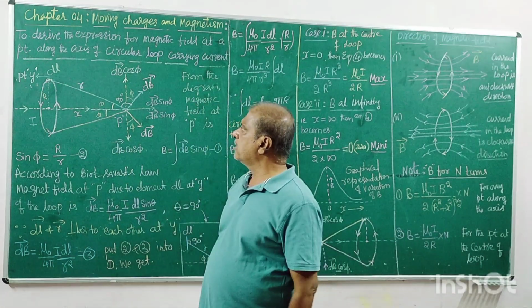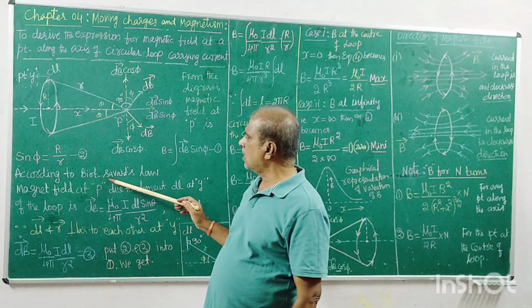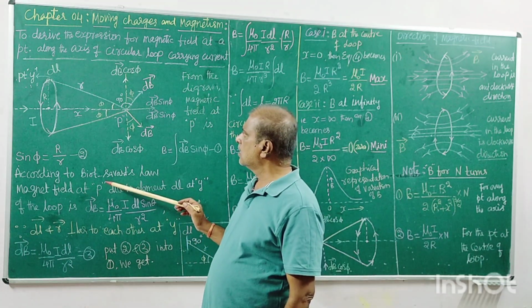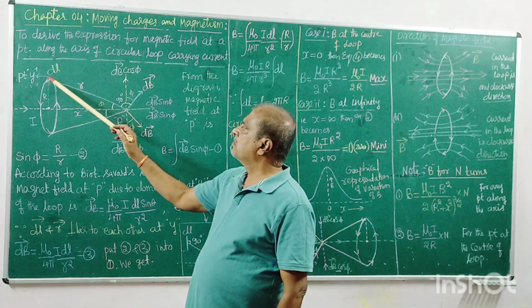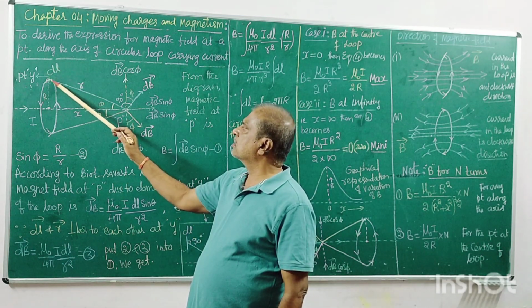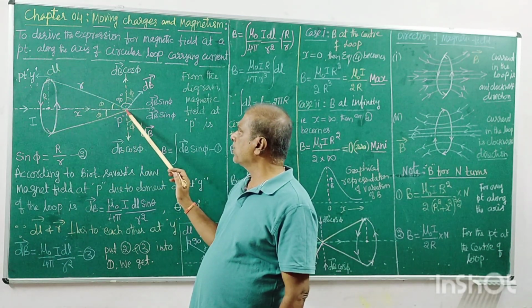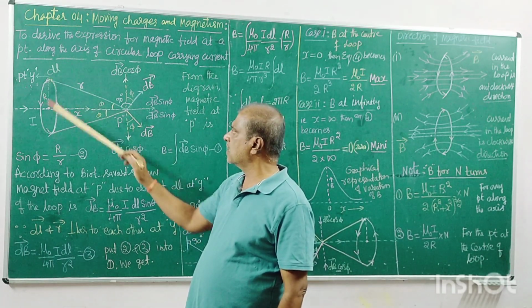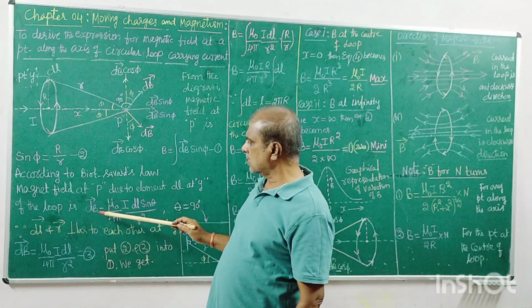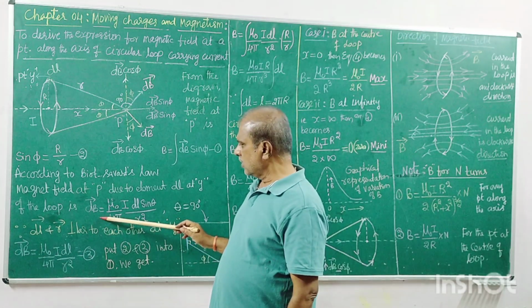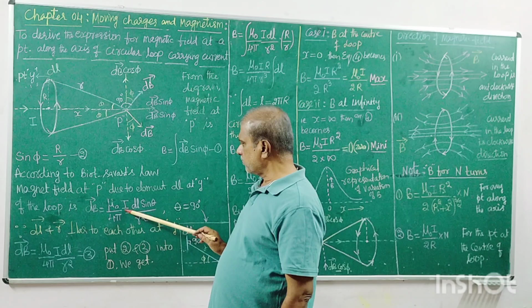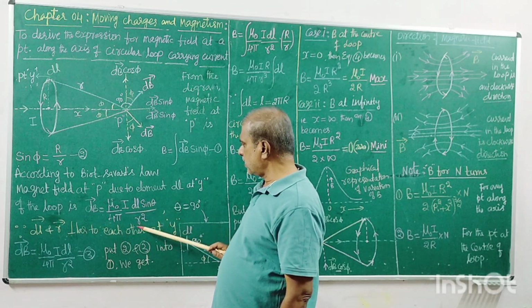So you have to write the law. What is the law? In accordance with the Biot-Savart's law, the mathematical expression for the magnetic field at this point due to this current carrying element dl is: recall this expression, mu naught by 4 pi into I dl sin theta by r square.